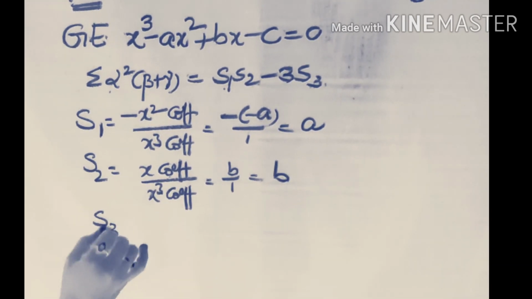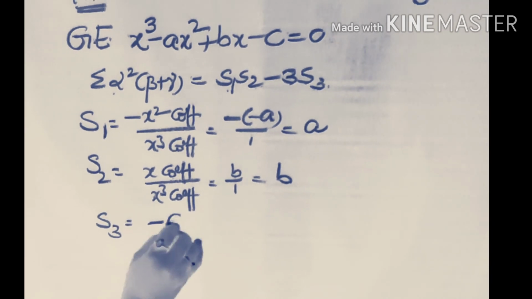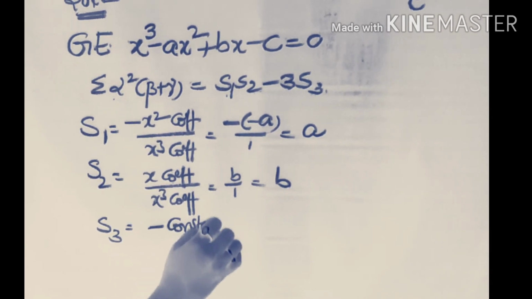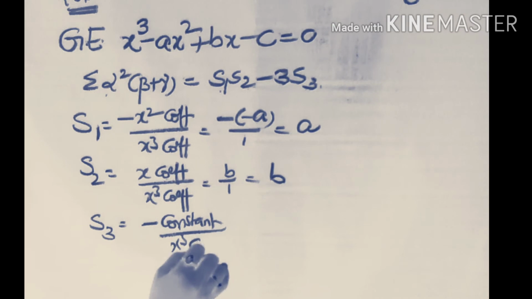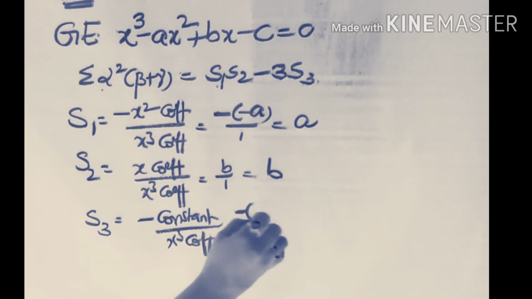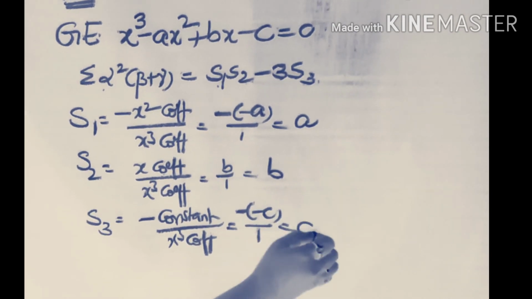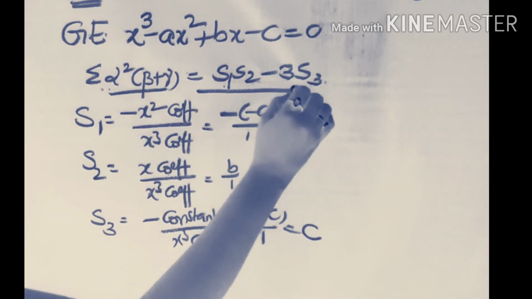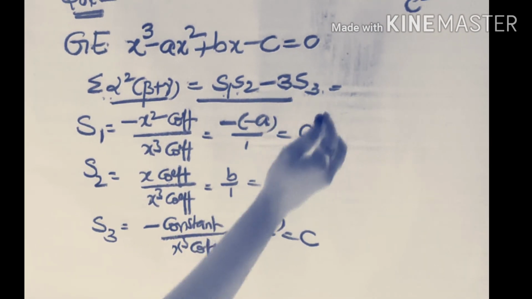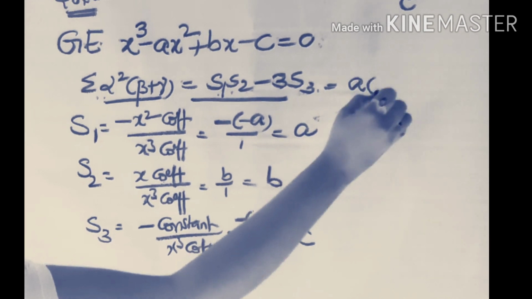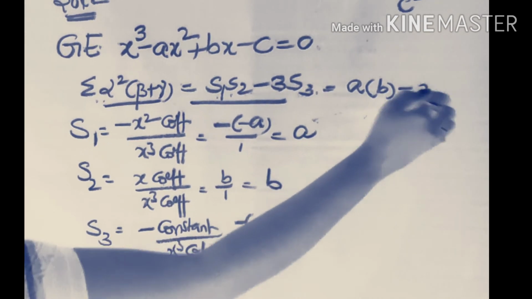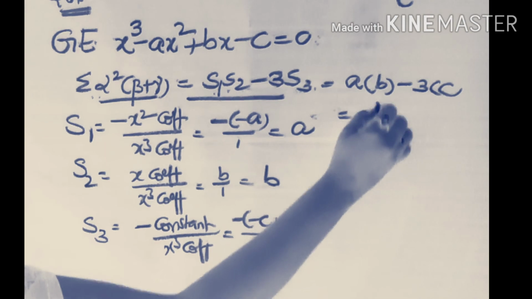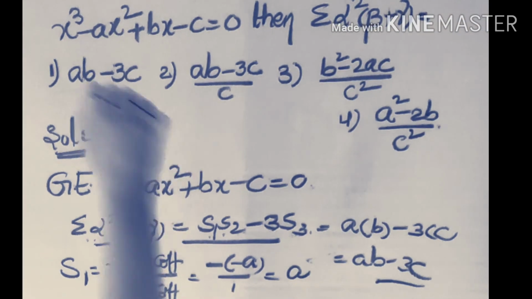Next S3 is equal to minus constant by x cube coefficient, that is minus (minus c) by 1 equal to c. Therefore the required value sigma alpha square into (beta plus gamma) is equal to S1 S2 minus 3 S3, that is a into b minus 3 into c, ab minus 3c, that is the first option.